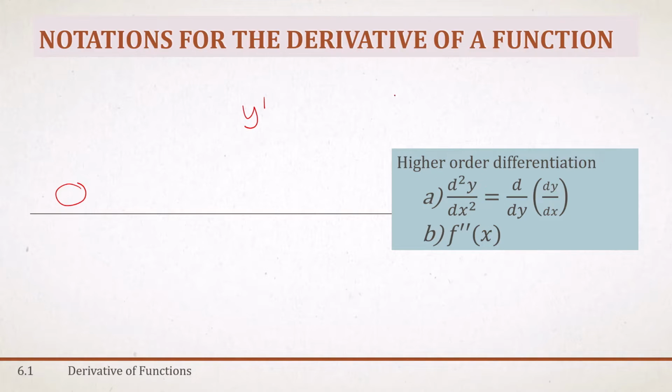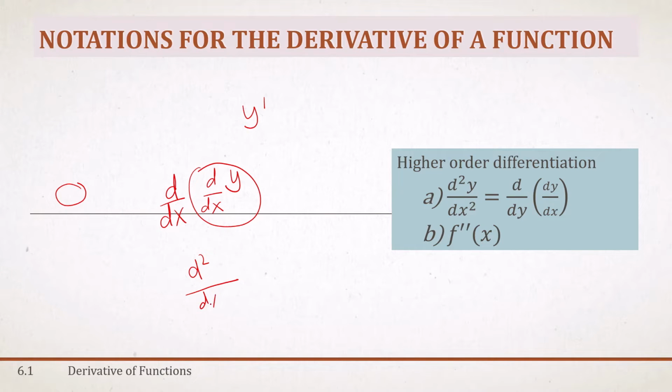For example, when I take the first derivative of y, it is d/dx of y. Then I differentiate this first order again, so I have d2, and my dx is repeated, which you can write as dx to the power of 2, with y here.